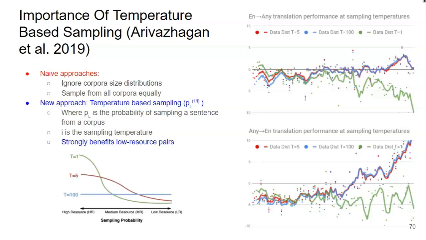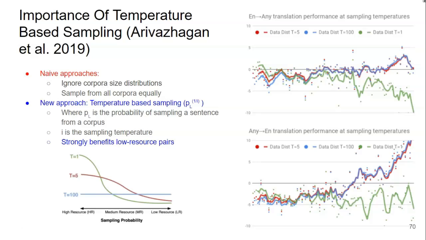to any translation and any to English translation using multilingual models for high resource to low resource languages from left to right. You can see that if you do not perform any kind of temperature-based oversampling, then low resource translation quality suffers significantly.